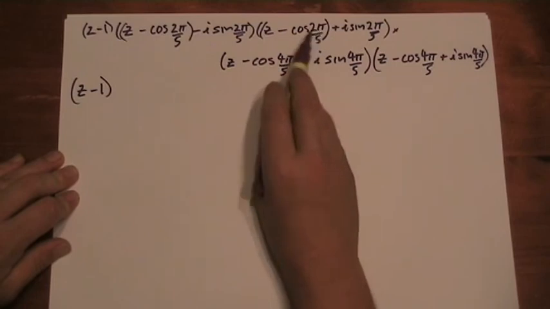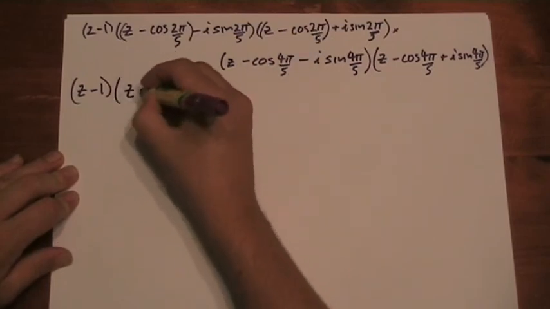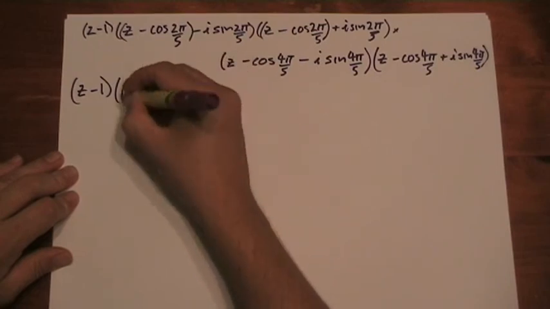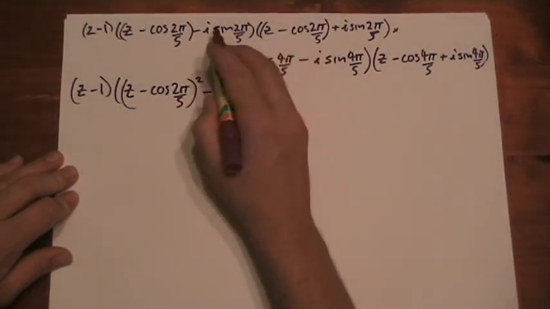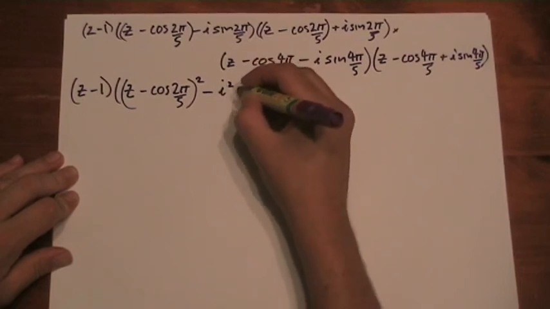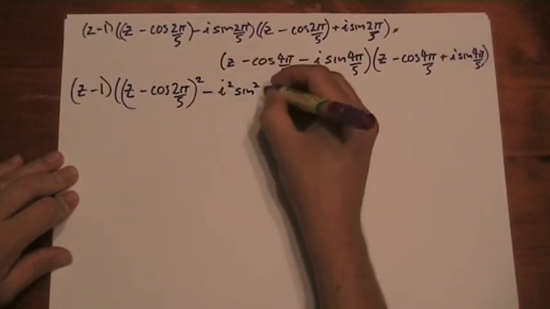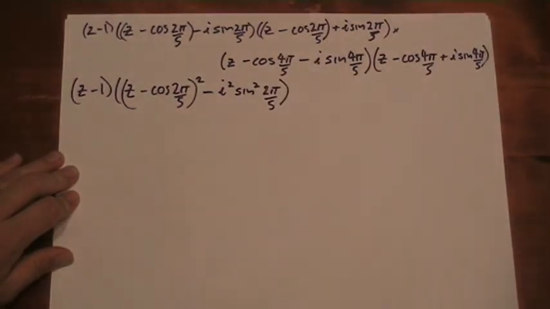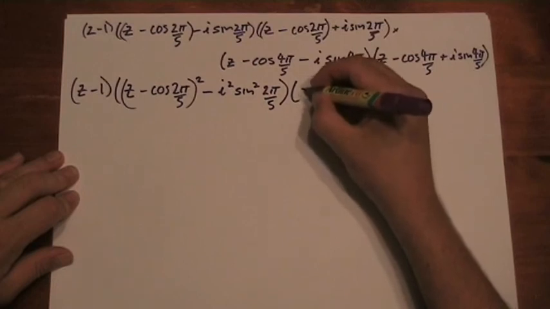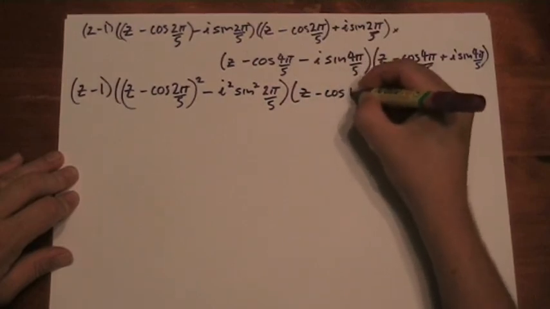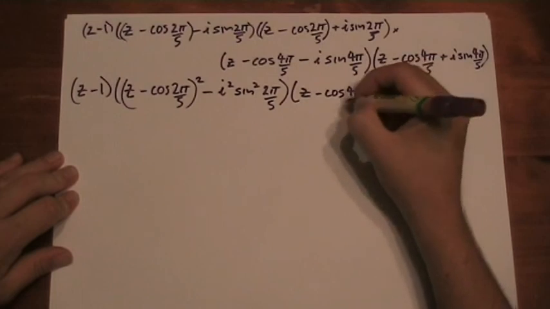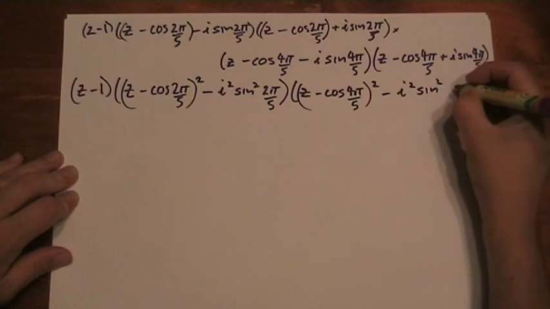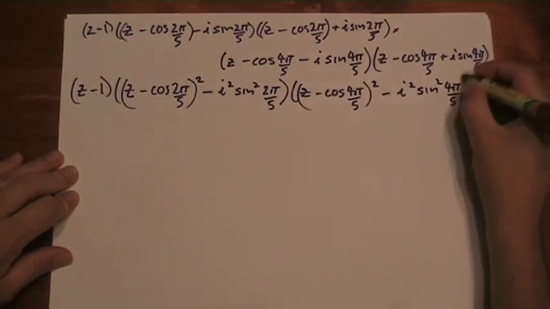So when I multiply these two together, I get z minus cos 2 pi on 5 all squared minus i squared sin squared of 2 pi on 5. And doing the same to these ones will give you z minus cos of 4 pi on 5 all squared minus i squared sin squared 4 pi on 5.